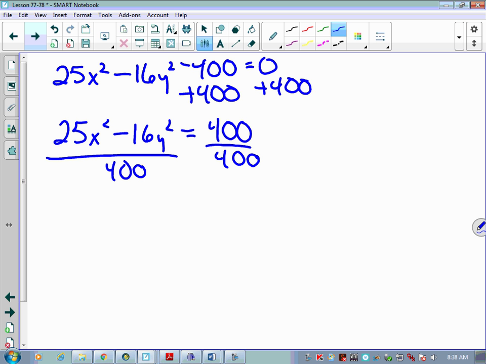All right, so we know that this equals 1 now. We need to reduce the fraction of 25 over 400. 1/16. So that's going to be x squared over 16 minus what's 16 over 400? Probably something like 1/25.